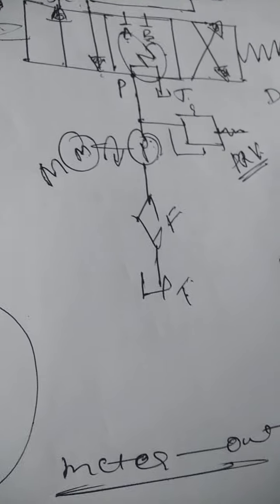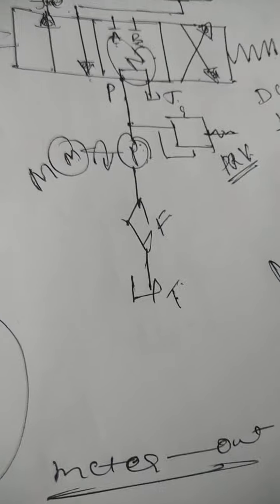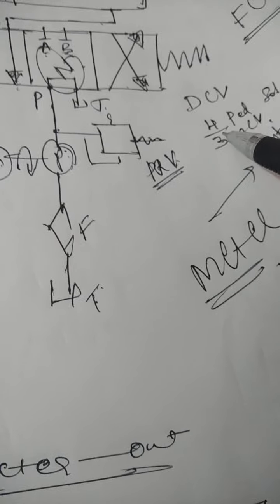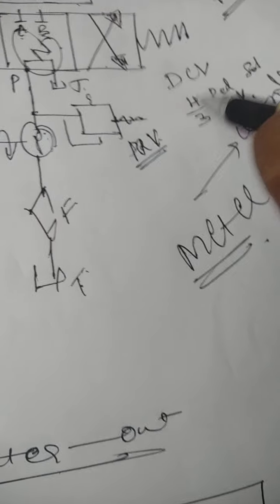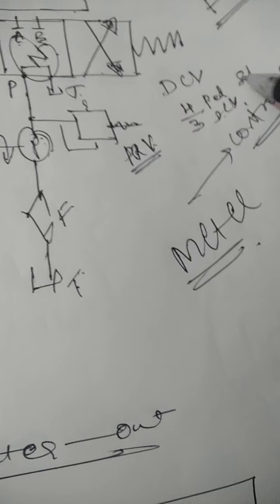Therefore this is a direction control valve having 4 ports, and therefore it is a 4x3 pedal operated solenoid controlled direction control valve. Okay, what is the name of this control valve? It is a 4x3 pedal operated solenoid controlled direction control valve.